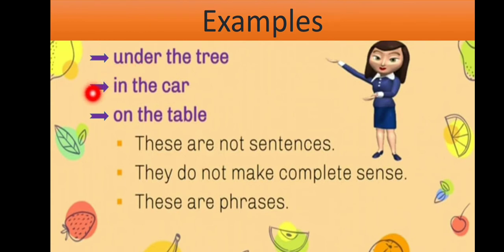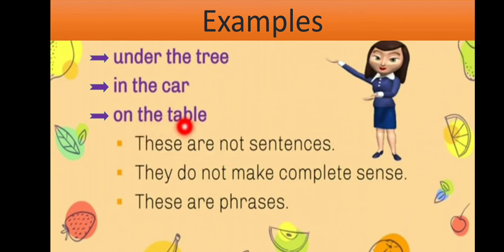In the car. Do you know what is in the car? No. So it is a phrase. On the table. Do you know what is on the table? Whether there is tea on the table or bread, we have no idea.